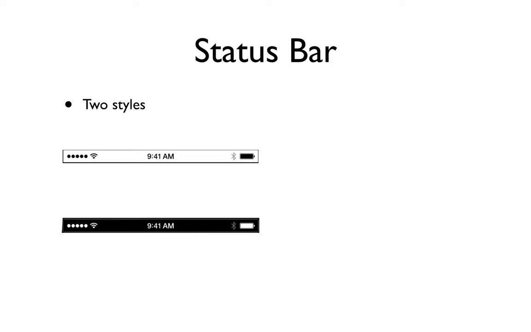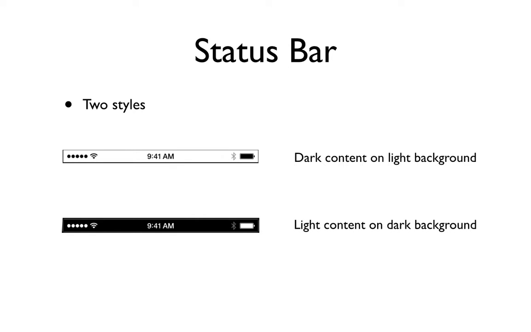Now the status bar has two styles. The first one is dark content on a light background. The second is light content on a dark background. Previously the status bar would draw the background itself, but now it doesn't do that.